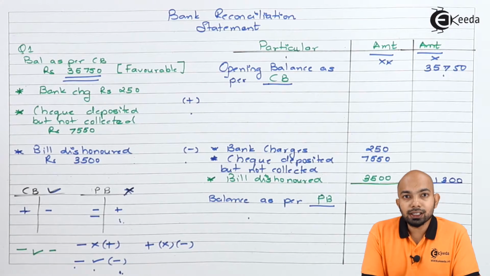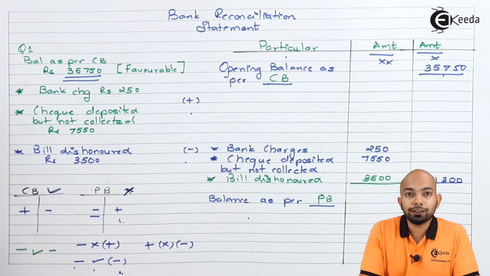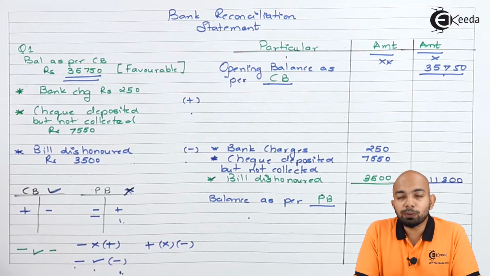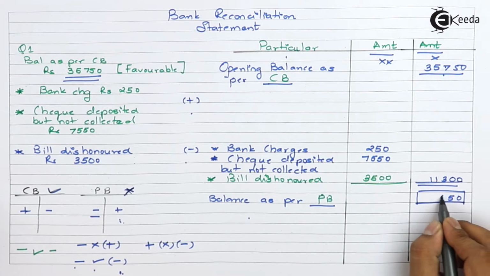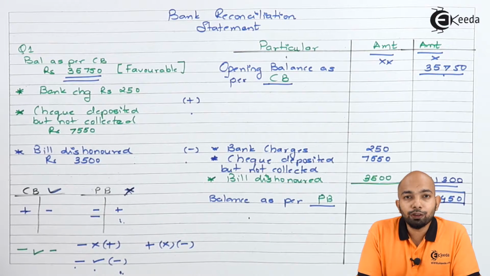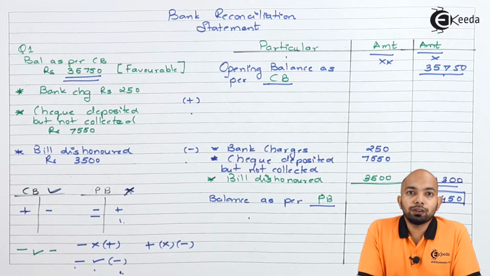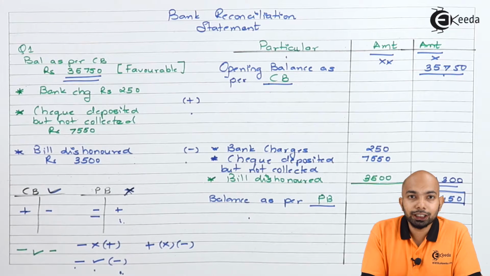We have the favorable balance as per cash book, which is 35,750, of which we'll be subtracting a total of 11,300. So the balance as per the passbook will be 24,450. If the opening balance as per the cash book is 35,750, the closing balance as per the passbook will be 24,450. So this is the end of the sum as per the favorable balance.